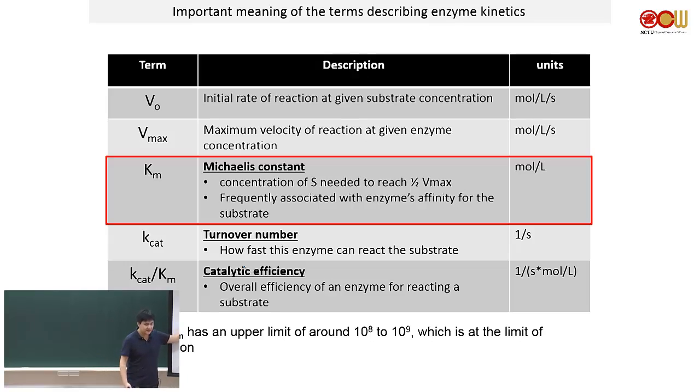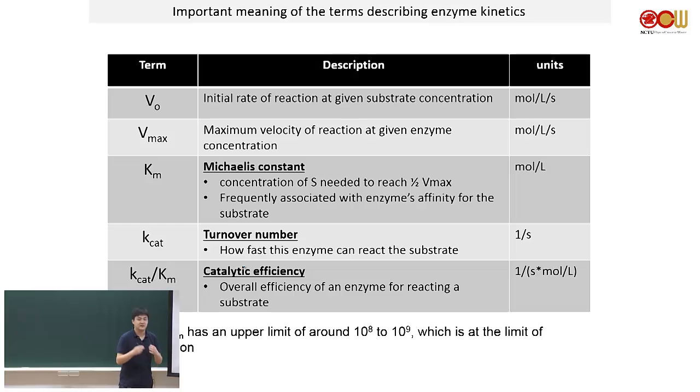This is pretty much the same thing. The smaller the Km, the more efficient the enzyme is at grabbing the substrate. Are we okay with this? Smaller Km means that this enzyme is more efficient at grabbing the substrate.